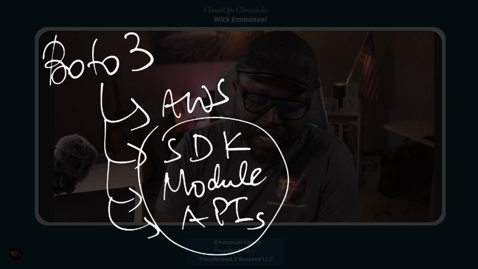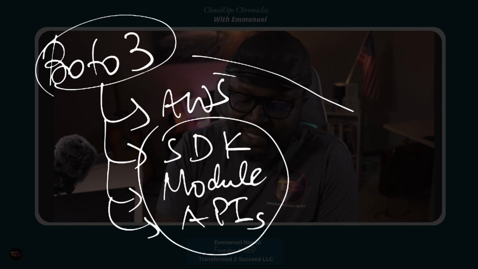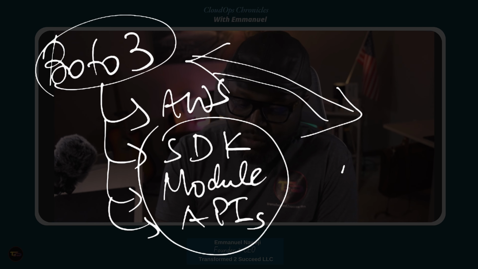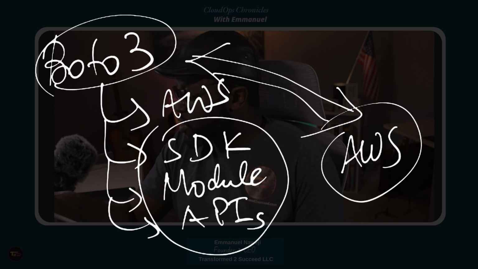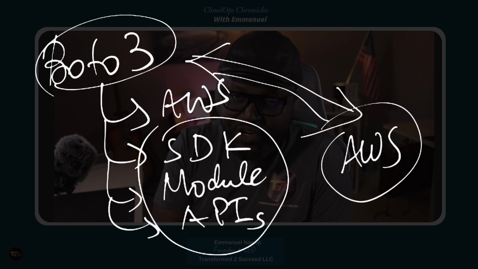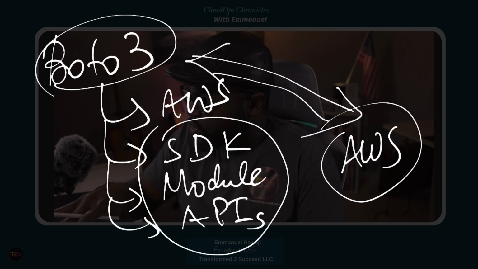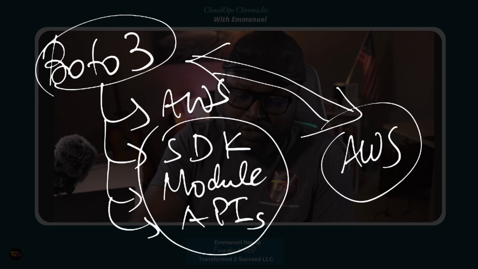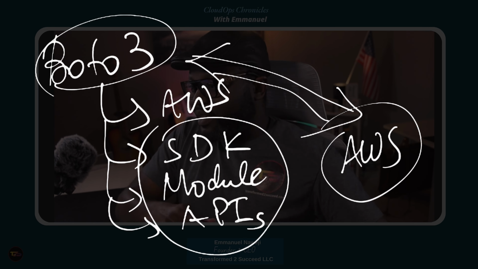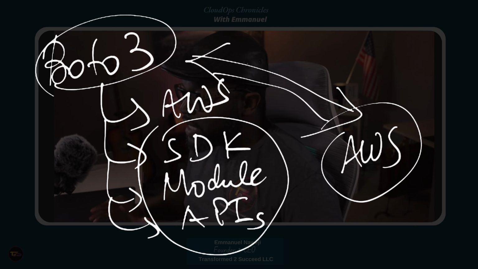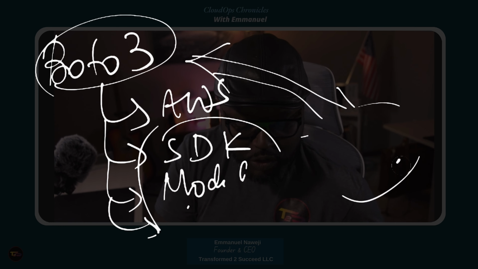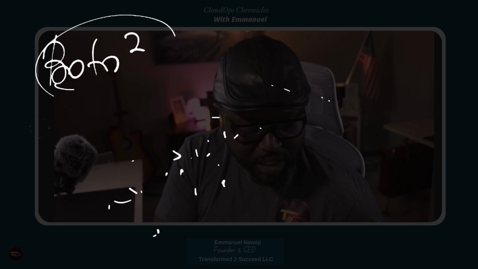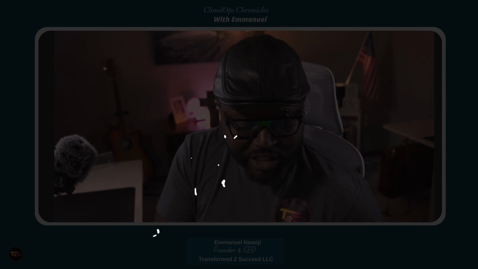In brief, Boto allows us to interact with AWS. All of the resources that you have on an AWS account, you can interact with all of those just using Boto3. So that's what you need to know, which means that when we go to our console or our command line, we're gonna need to import.